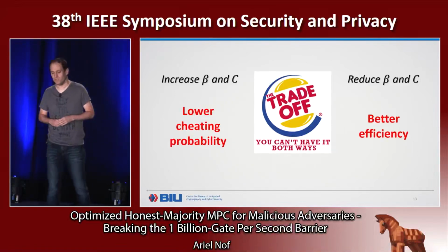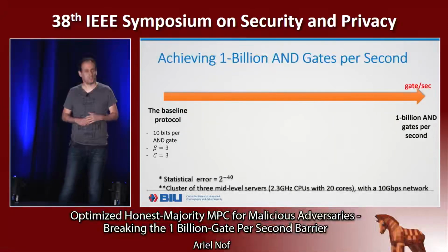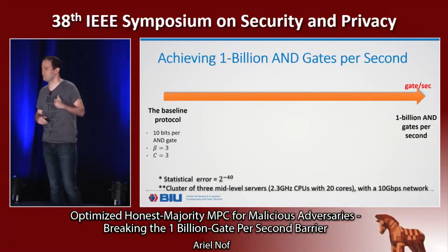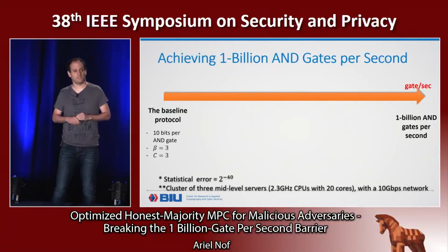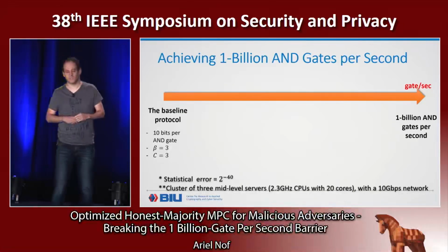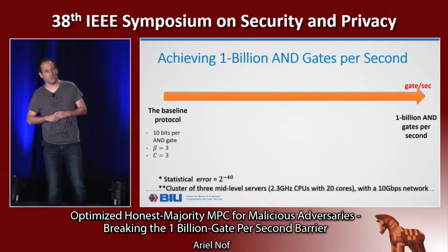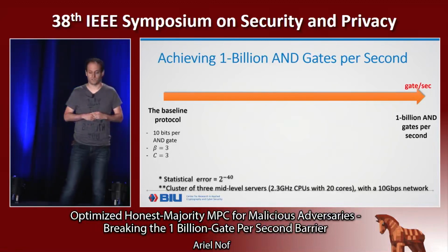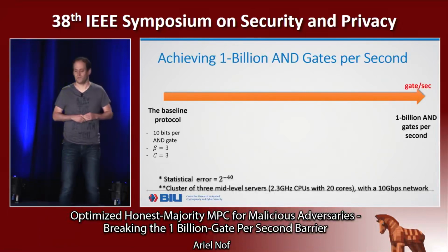Anyway, in our starting point protocol to achieve 10 bits per AND gate, as I presented a few slides earlier, we set beta and C to be equal to 3, meaning that the size of each bucket is 3 triples, and we open overall only 3 triples. With this we achieve communication of 10 bits per AND gate.